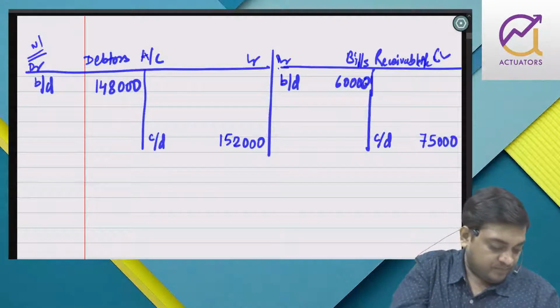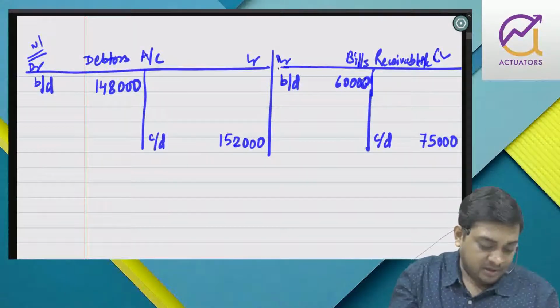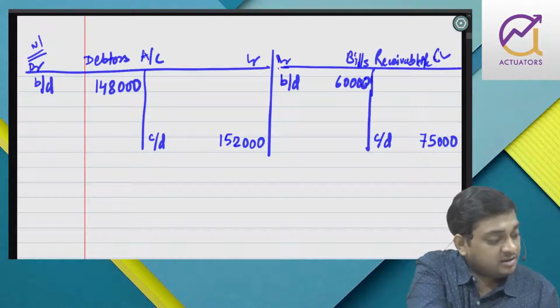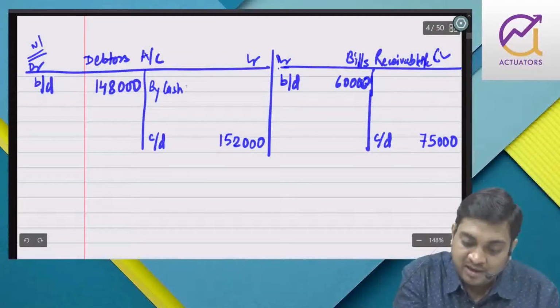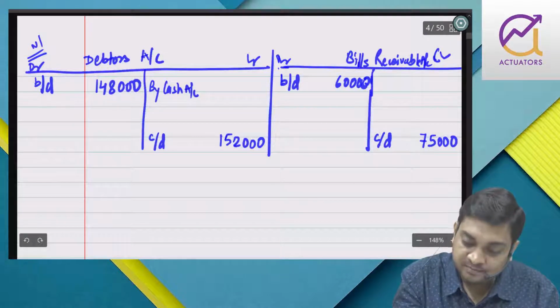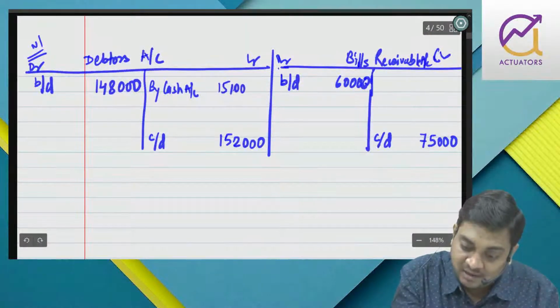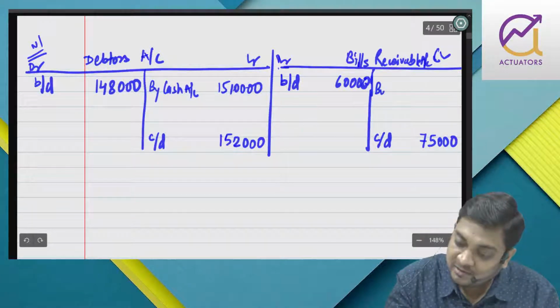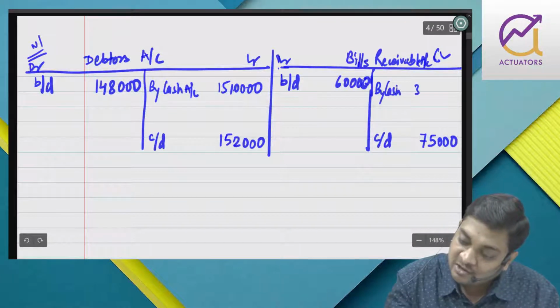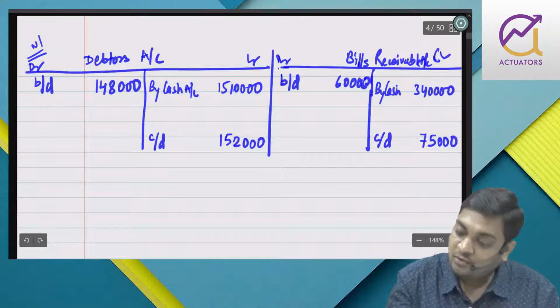Now, cash sales will not come here. Then payment to creditor, payment for bills payable will not come here. Received from debtor. So by cash 15,10,000. And received for bills receivable. So by cash 3,40,000.